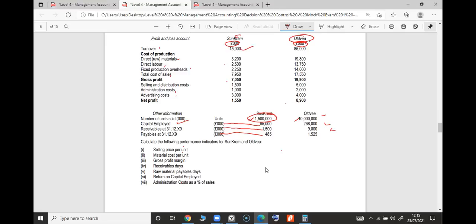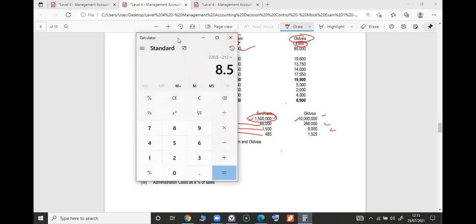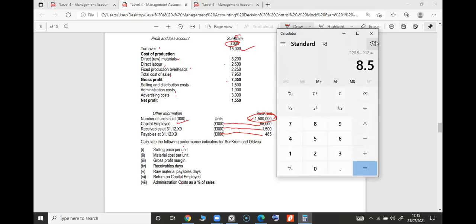Yep. 15,000. Turnover. You divide it by this 1.5 million. But this 1.5 million, 000 is included. So hold on. It's a long way doing it.